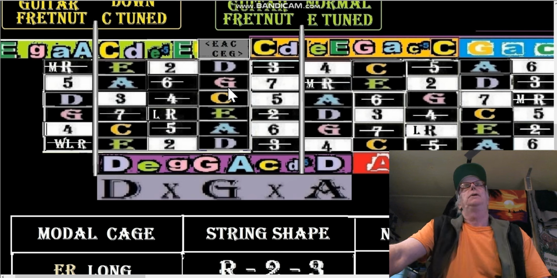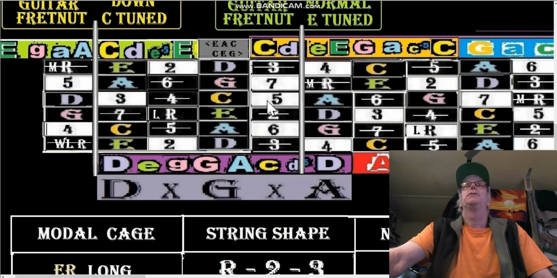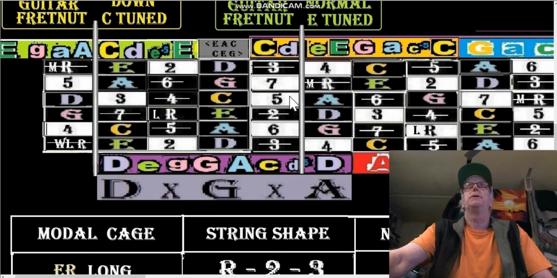Okay, so when we're looking at the D shape in the D box here, it's right here, 5 root 3. Remember, this thing extends past this other fret nut that I drew for your fret nut. Mine's down tuned. So here's our little D shape here.